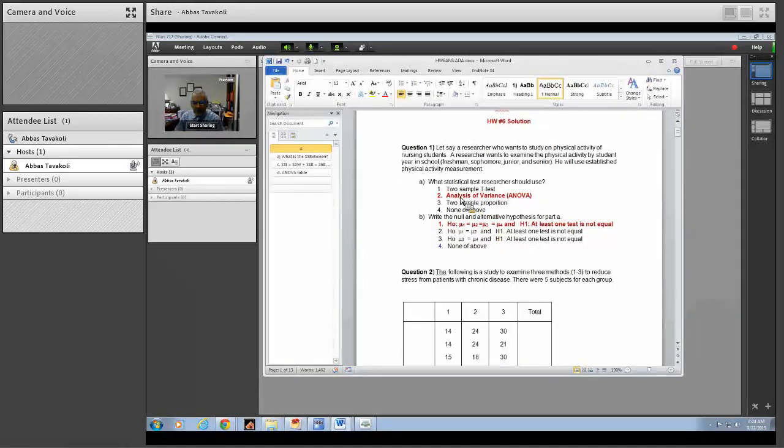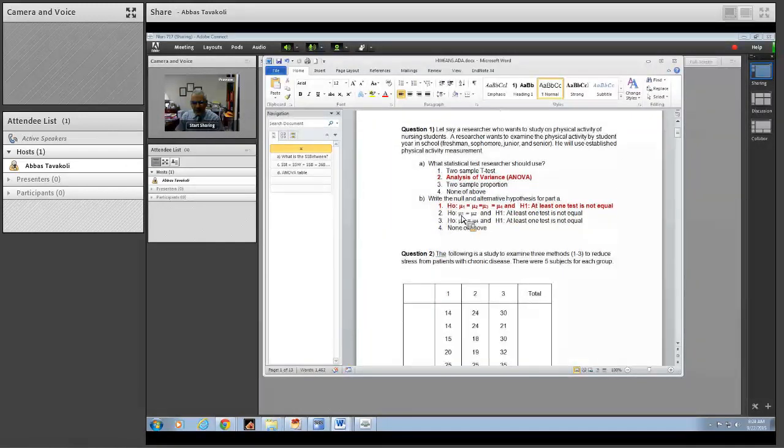The correct answer is analysis of variance, or ANOVA, which is the test you're going to do when you have more than 2 groups. Write the alternative hypothesis for part A. Basically, you have 4 groups. The null is mu1 equals mu2 equals mu3 equals mu4. The alternative is that at least one of the pairs is not equal.